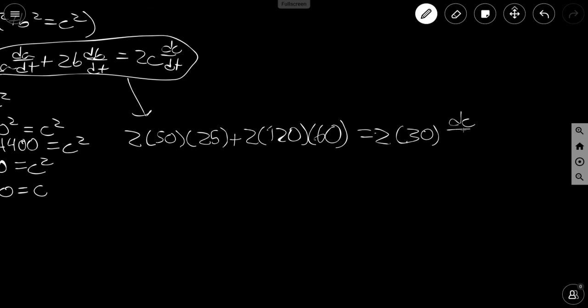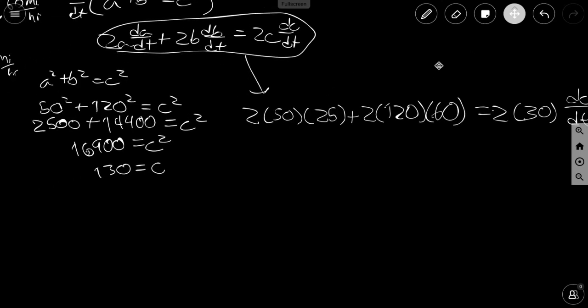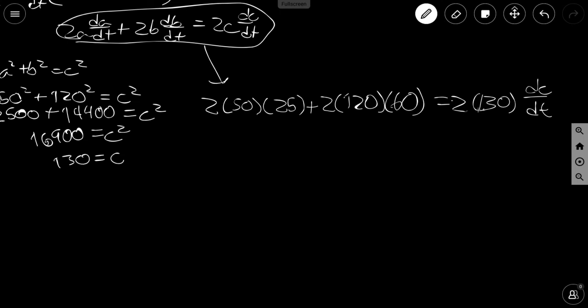And now we just need to solve for dc over dt. Let's go ahead and do that. Oh, it was 130, not 30, for c.